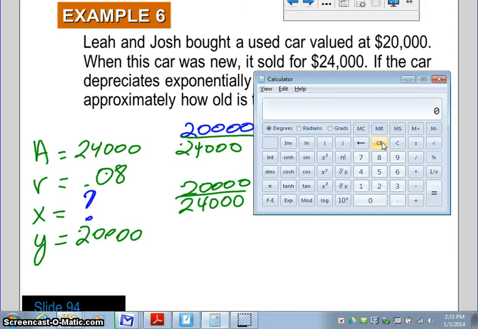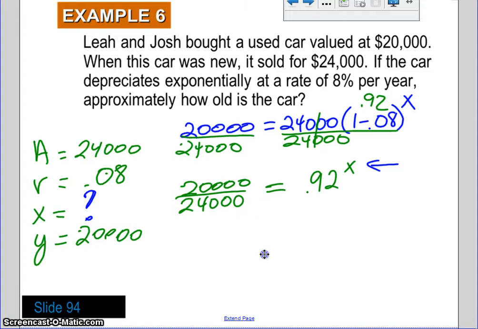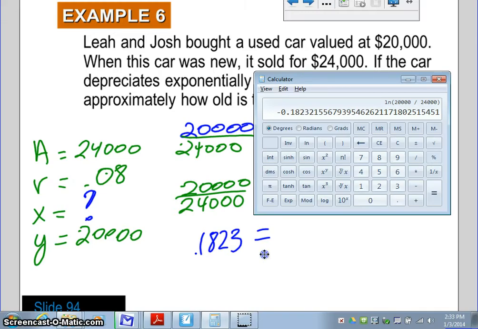Let's do this first. We've got 20,000 divided by 24,000, and it's the natural log. For that portion I get negative 0.1823 equals, and going back there, I've got 0.92 and the natural log there.